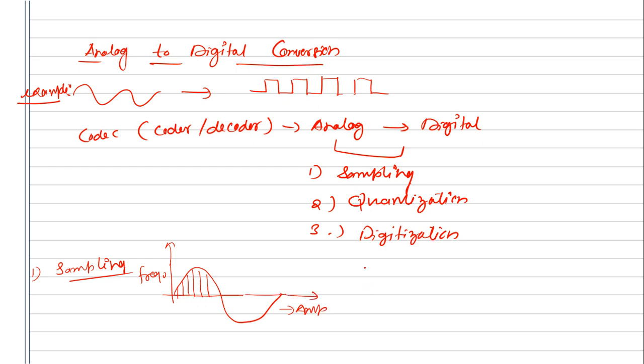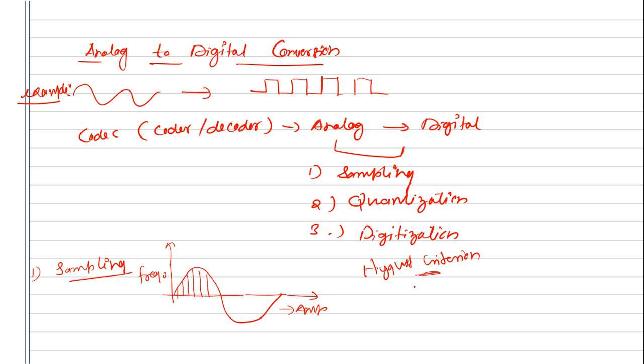Now we use the Nyquist criterion. I will cover what the Nyquist criteria or Nyquist theorem is in a different video. This says that the sampling frequency should be double the frequency that you are trying to send. Then only you will be able to recreate these signals at your destination.